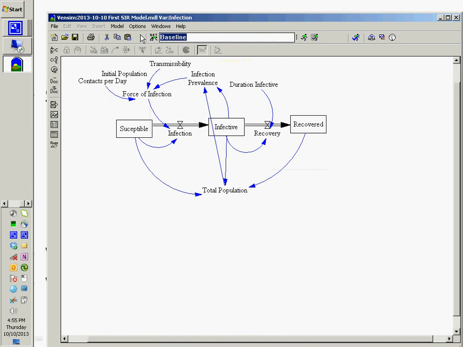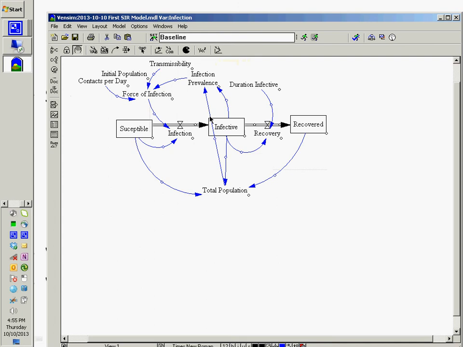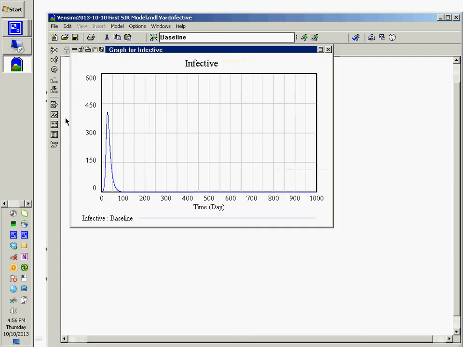And ladies and gentlemen, what should I see if I go look at infectives? Okay, up and then down. So there's an outbreak, and it dies off. And we discussed last time the reasons for that. At this peak, what's the characteristic of that peak? Why is it flat at the peak?